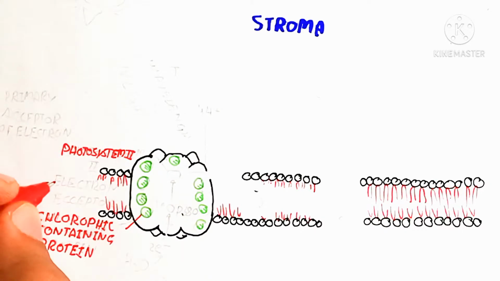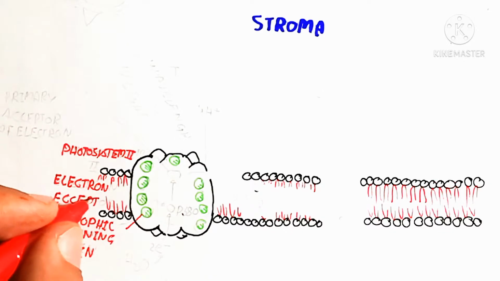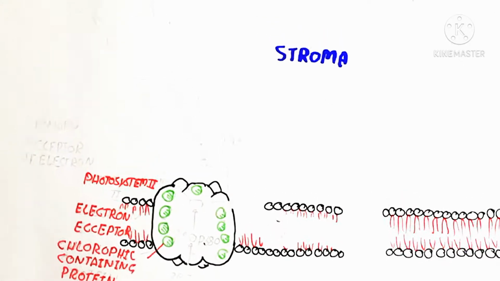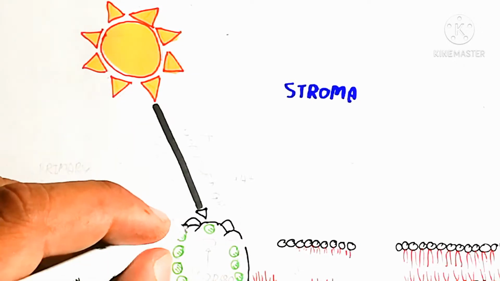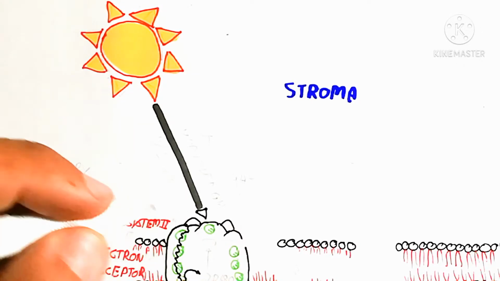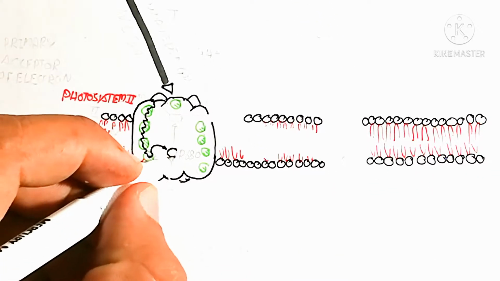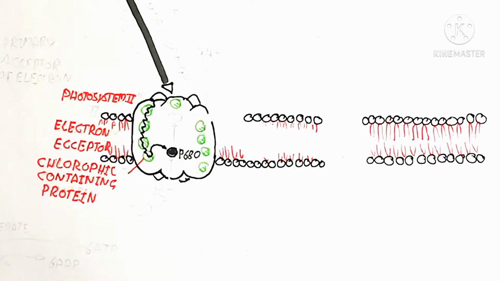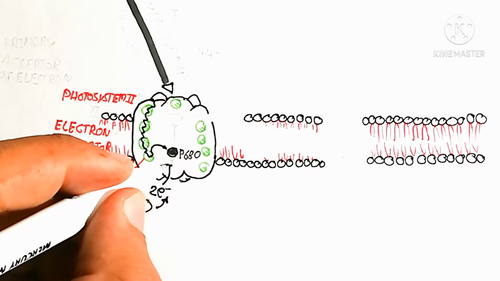The green color shown in the figure is the chlorophyll-containing protein. This chlorophyll-containing protein passes energy from one molecule to another, losing energy, and ultimately accepts the 680 nanometer wavelength in the antenna complex.